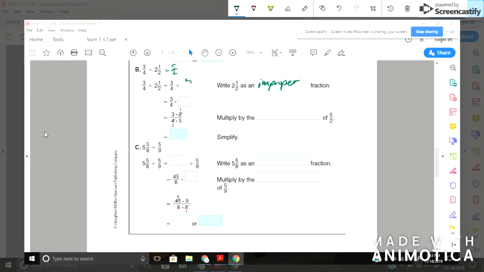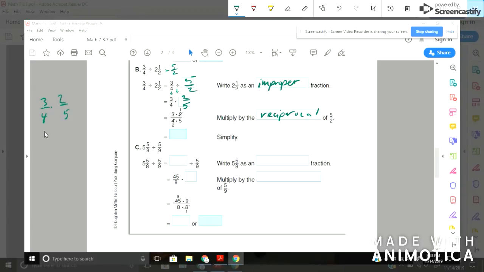And then multiply by the reciprocal. The reciprocal of 5/2 is 2/5. In other words, KFF. Keep 3/4 the same. Flip division to multiplication and flop this to its reciprocal. All right, so I've got 3/4 times 2/5.